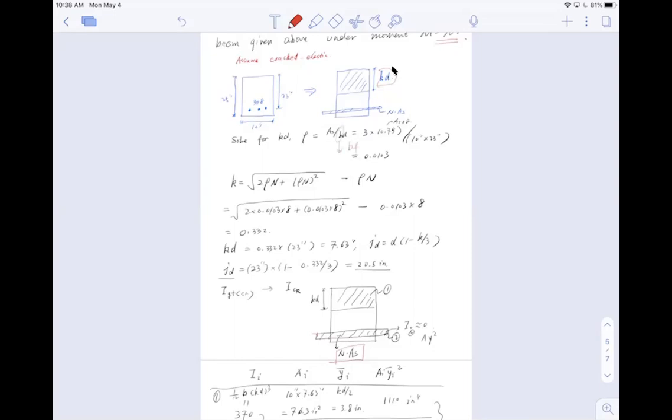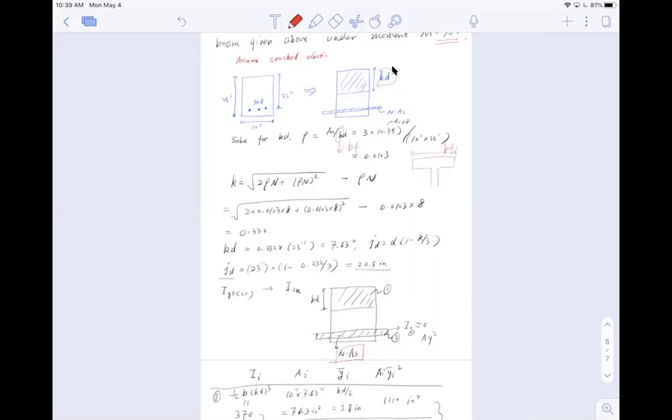Which width do you use, BF or BW? For the area, I think I used the flange.